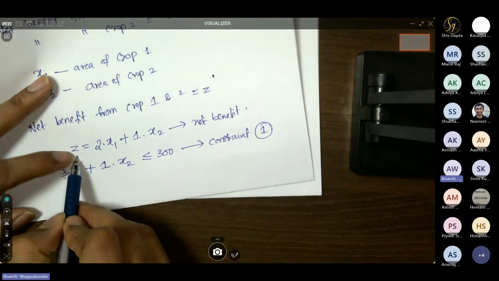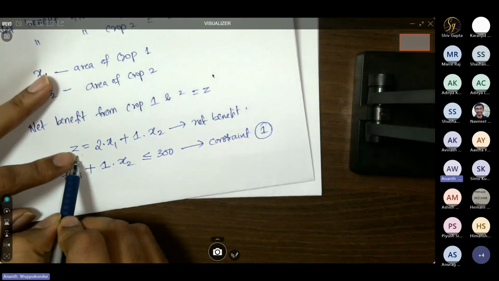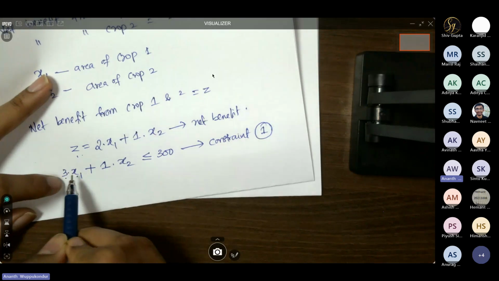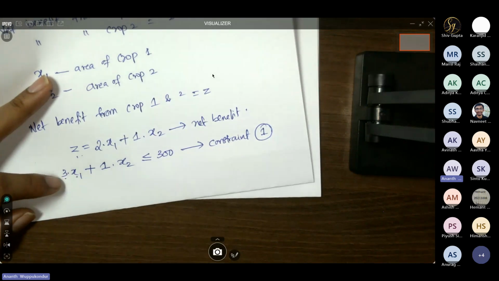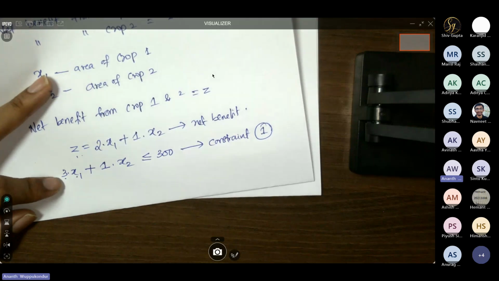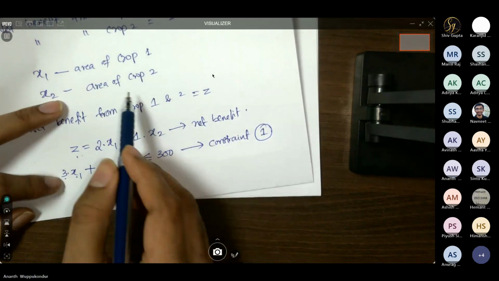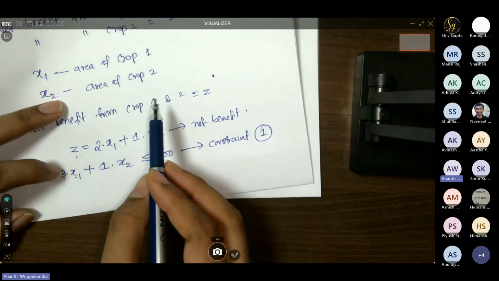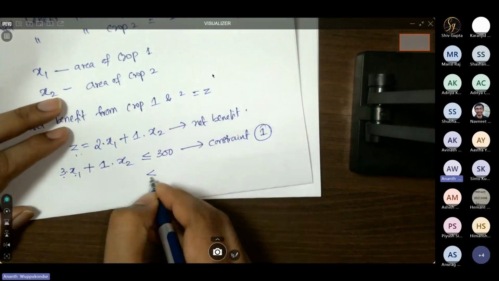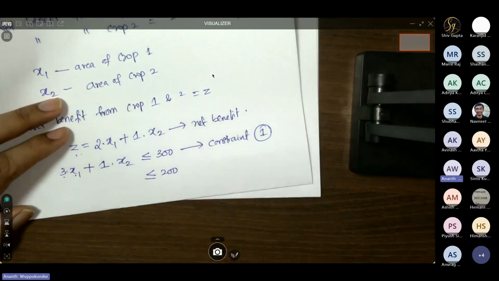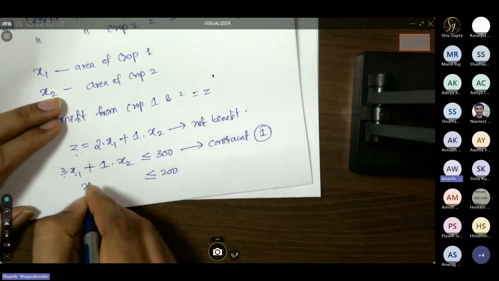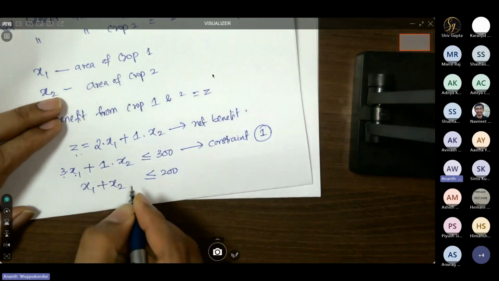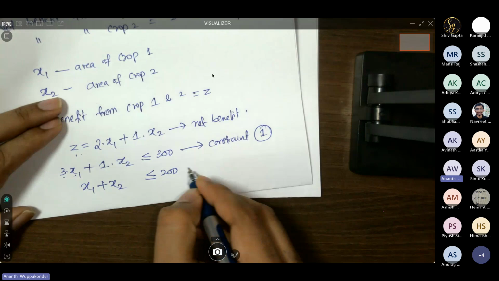So this is the function that we want to maximize based on a constraint. We have a condition that we need to satisfy when optimizing the function. And again, if we look at the total area, the total area that we have is 200 hectares. So the total area, which is x1 plus x2, should be less than or equal to 200.